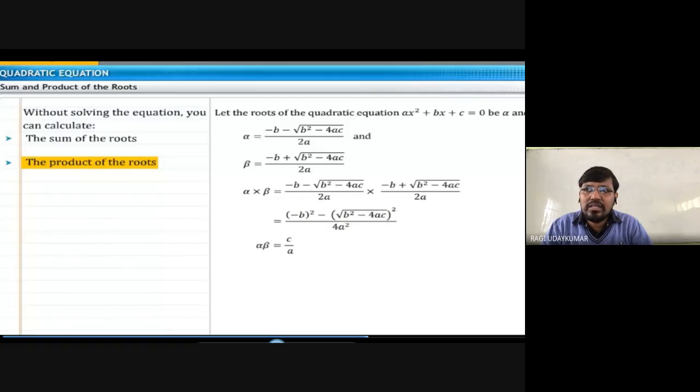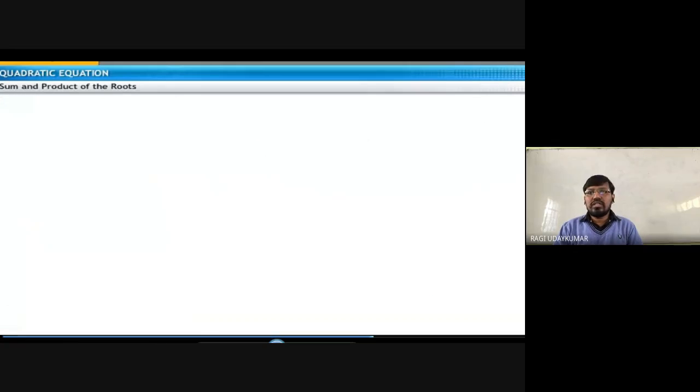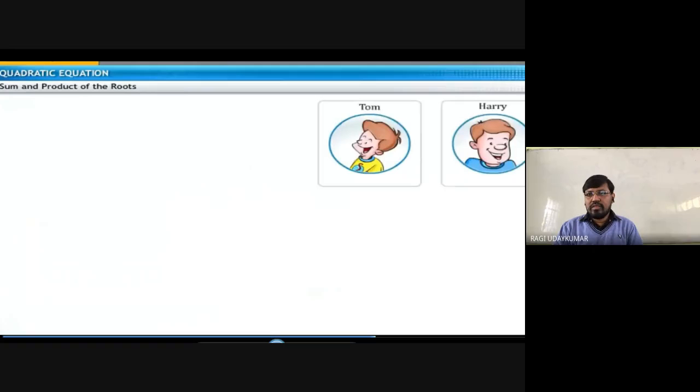So c is nothing but the constant term and a is the x square coefficient. So the product of the roots is the constant term by the x square coefficient.